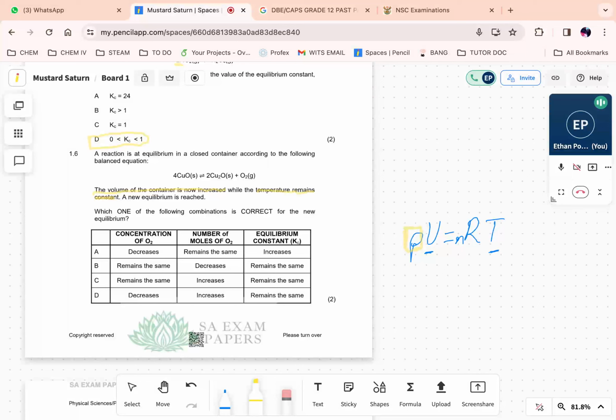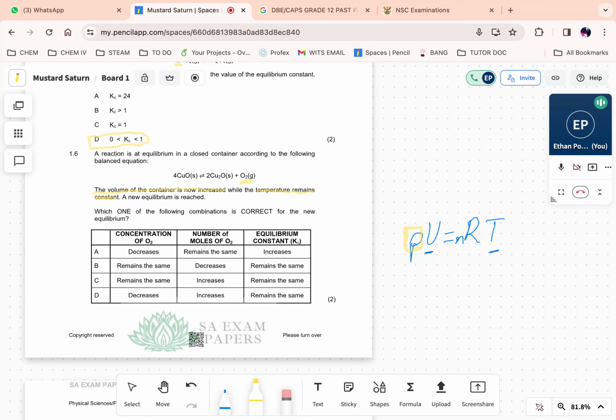So if you remember Le Chatelier's principle, if the volume changes, then the system would want to also expand with the volume of the container to match the conditions. So there's only one gas in this equation, and that's oxygen. So if the volume of the container increases, there would definitely be more gas.